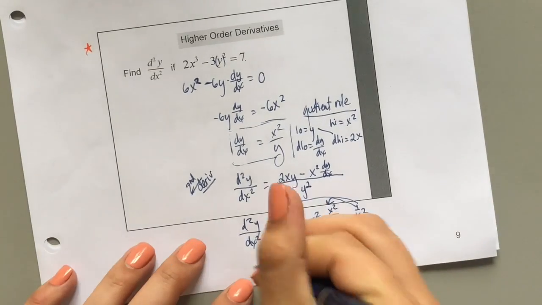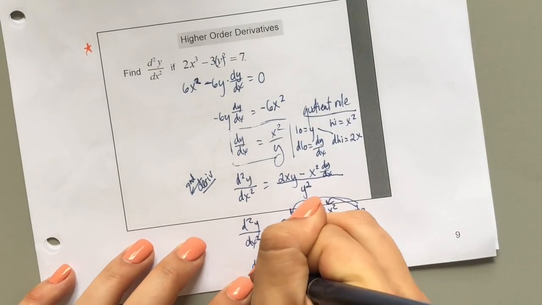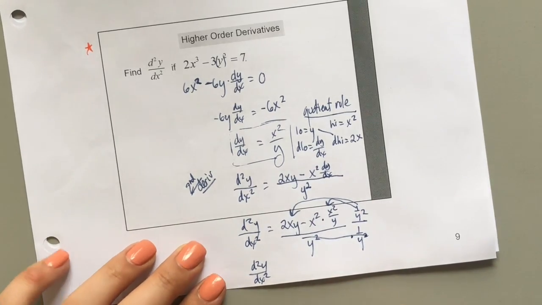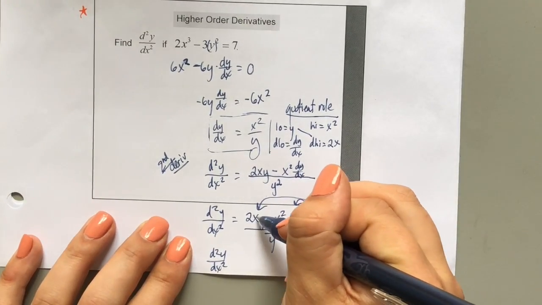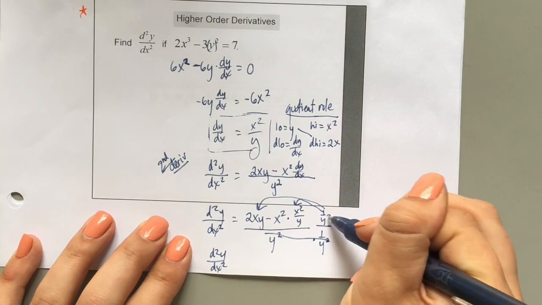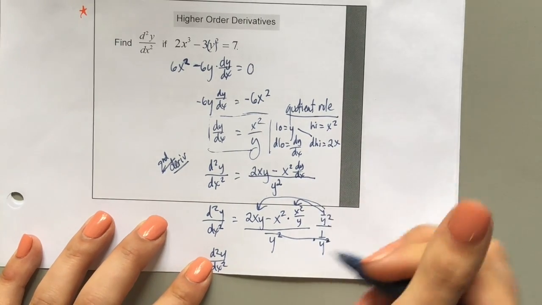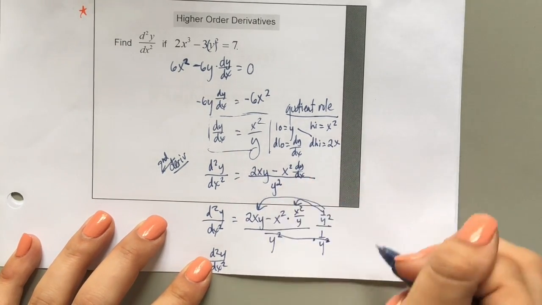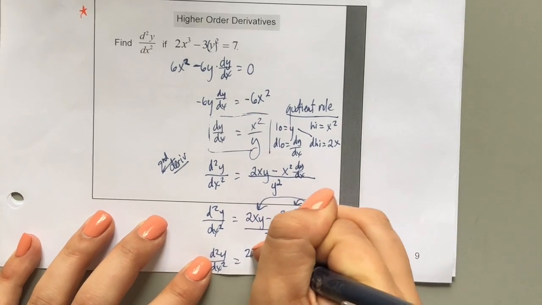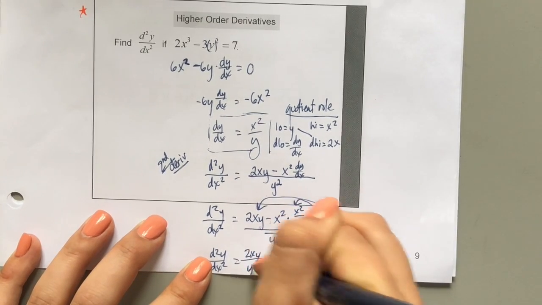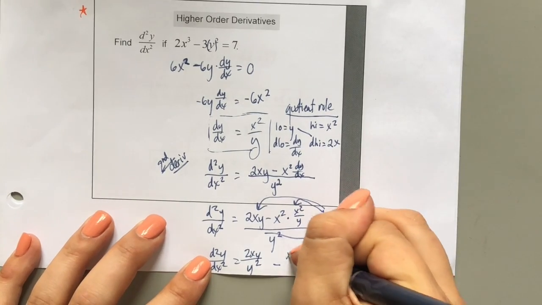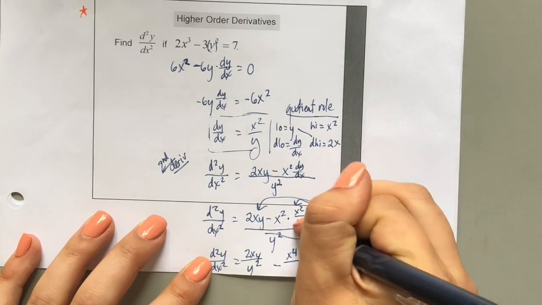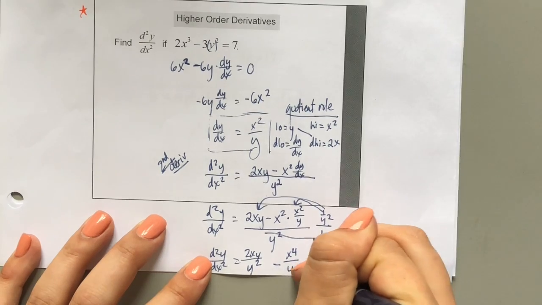So I'm distributing. So d squared y over dx squared. Can you still see? Yep. Equals 2xy over y squared, okay? Minus, this is x to the 4th over y cubed, right?